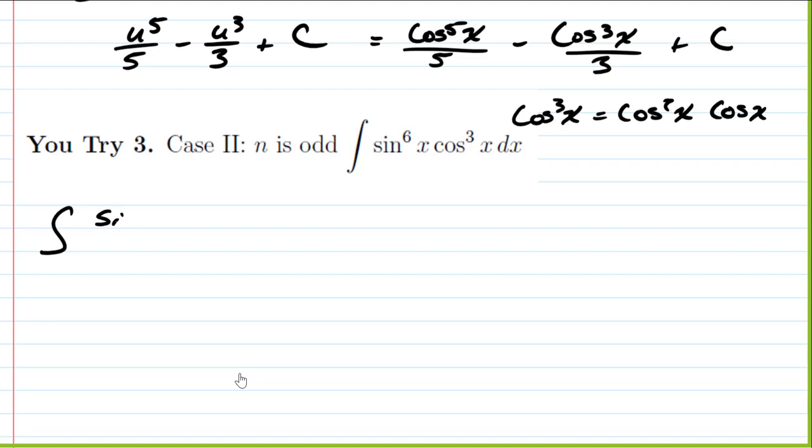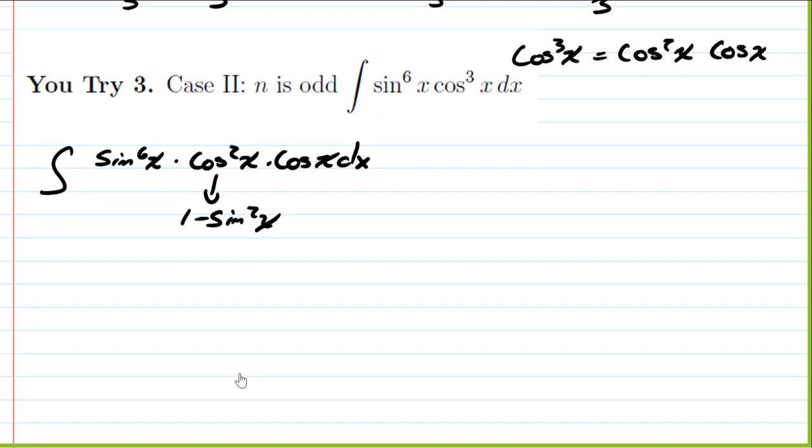That gives us sine to the sixth x times cosine squared x times cosine x dx. And we rewrite that as 1 minus sine squared x, giving us the integral of sine to the sixth x times 1 minus sine squared x cosine x dx.